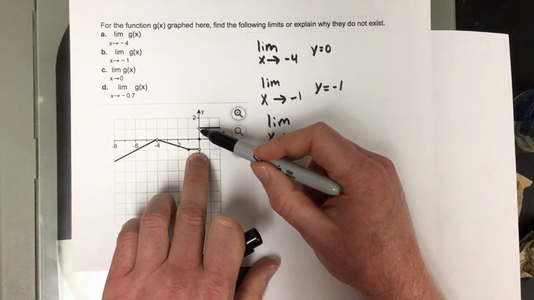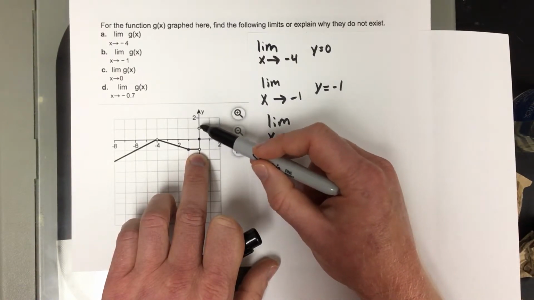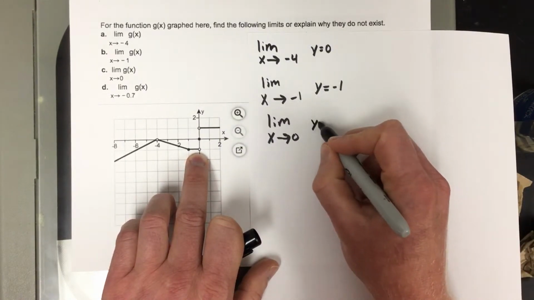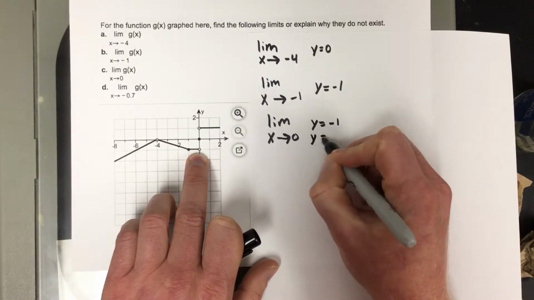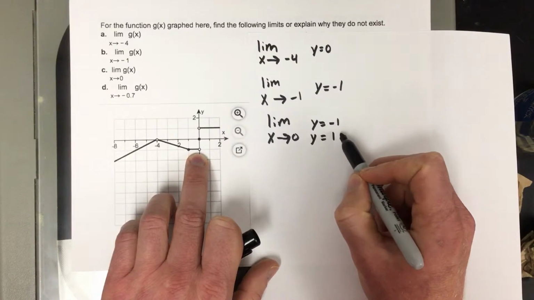But up here, the limit would tell you that as you're approaching 0, y would be 1. So really what you want to write is y equals -1 and y equals 1, but you can't have both of these, right? They're not going to the same number.